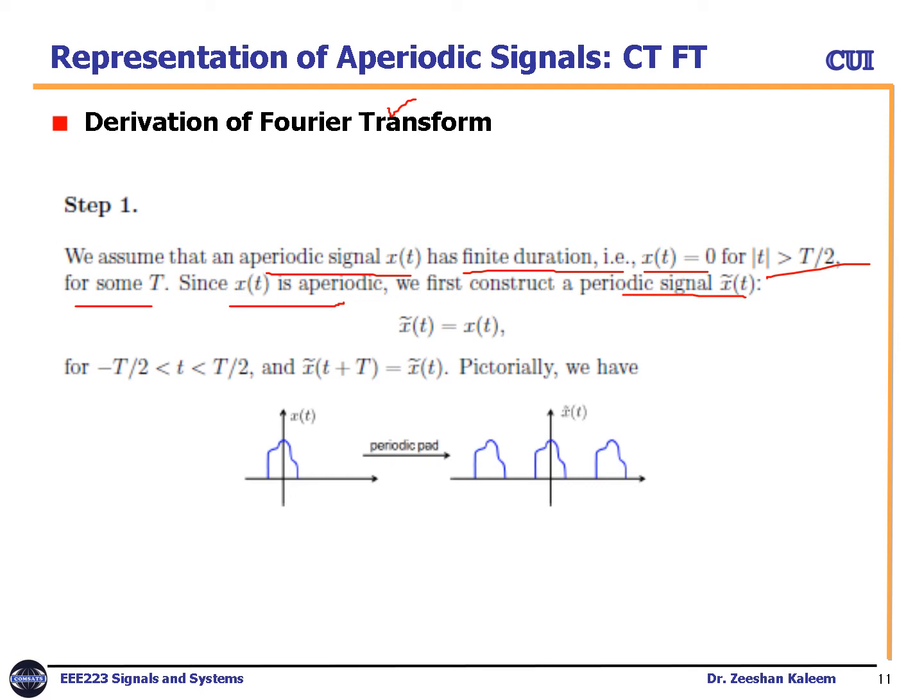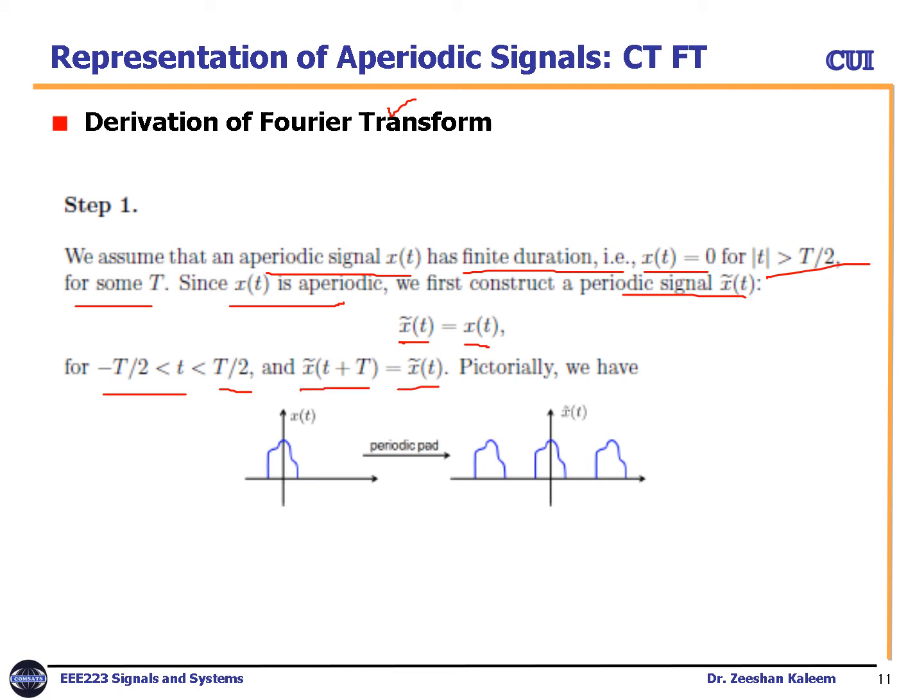As I already mentioned, x(t) is an aperiodic signal, so to convert it into a periodic signal, we construct x tilde(t) equal to x(t) for minus T by 2 less than t less than T by 2. And if it is periodic, it means that x tilde(t plus T) is equal to x tilde(t).